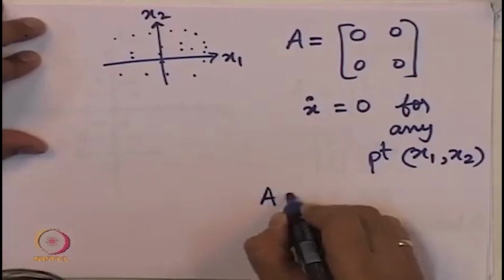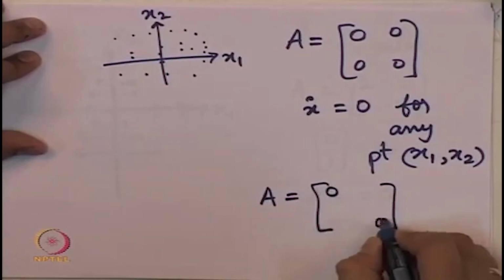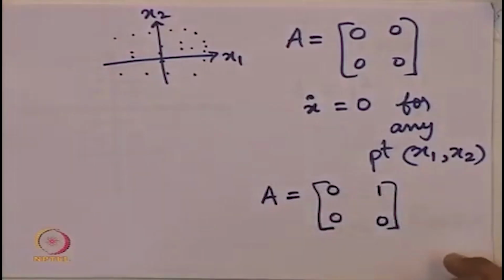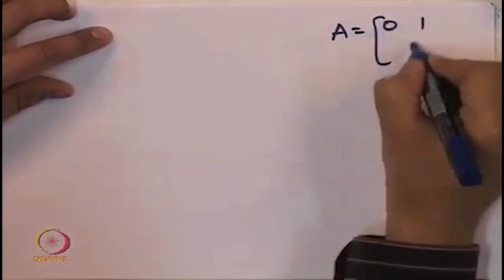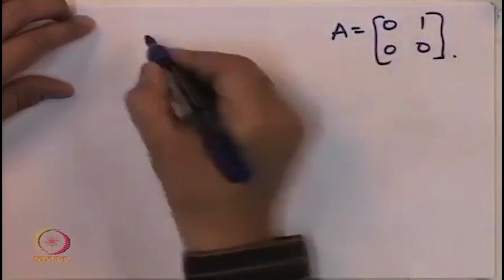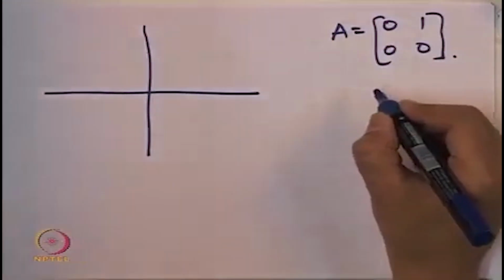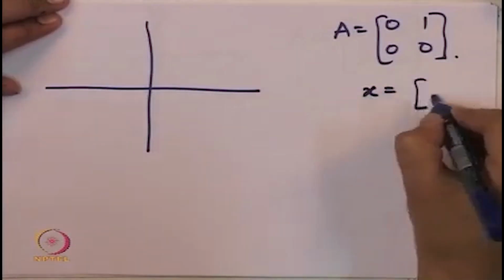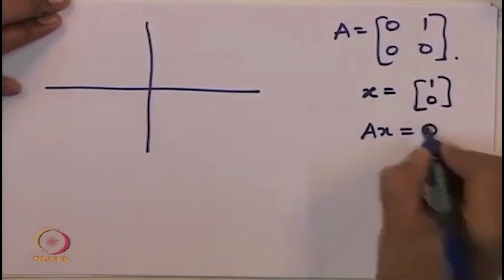The other situation when A has repeated eigenvalues at 0, but A is not diagonalizable, is when we have this, for example. So in this case, we see that if we have vector x equal to (1, 0), then Ax is equal to 0.